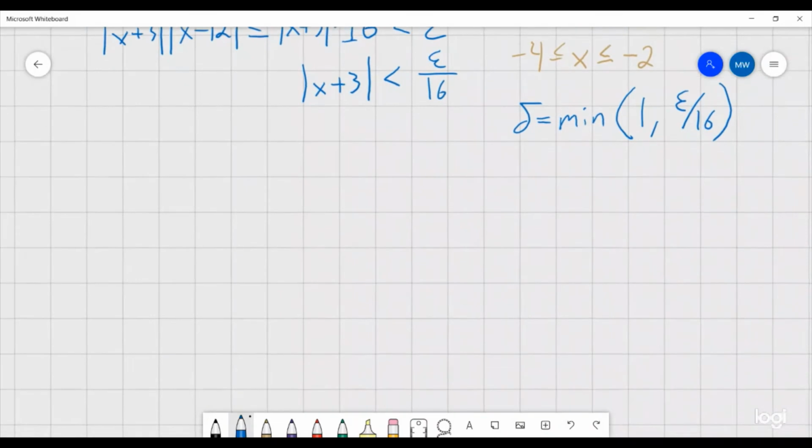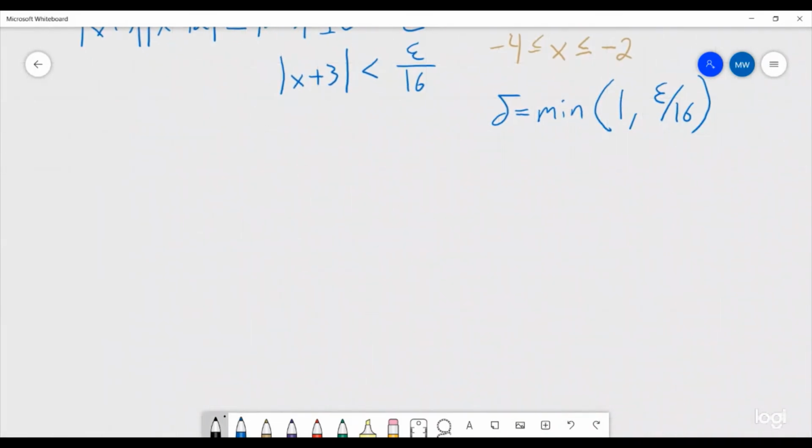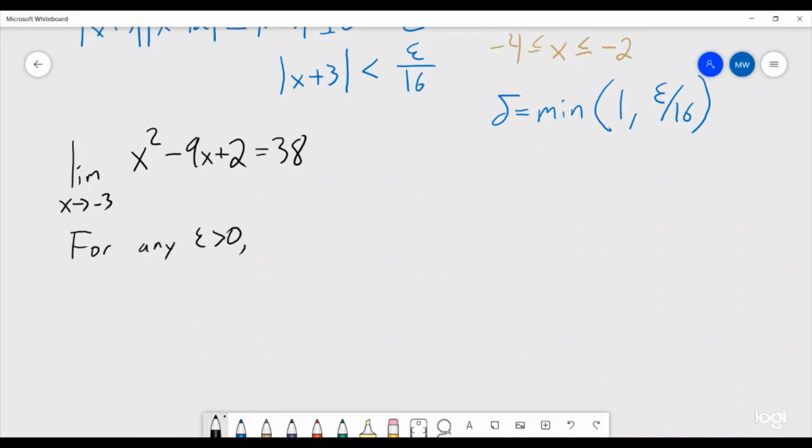So if we want to do our proof that the limit as x approaches -3 of x squared minus 9x plus 2 is equal to 38, we are going to start by saying for any epsilon greater than 0, choose delta to be the minimum of 1 and epsilon over 16.